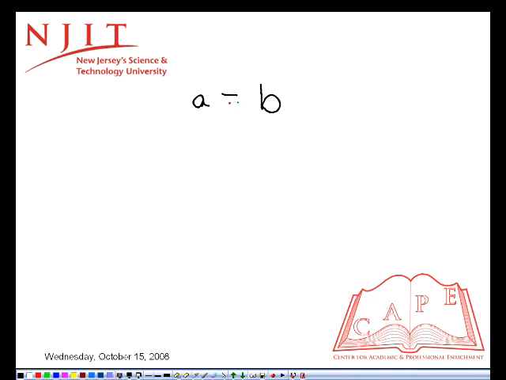We just simply put an equal sign in there. But say we wanted to say something else, like A is less than B. That requires something else. It requires what's called an inequality sign.